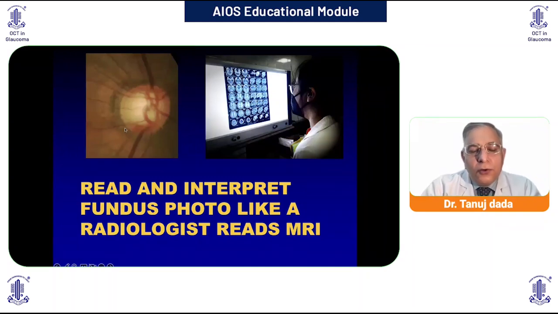You take hold of 2, 3 of your colleagues and then carefully run through each part of the optic nerve, the cup, the neuroretinal rim, and the adjacent peripapillary area and retinal nerve fiber layer defects. And you will be surprised at how many patients you will easily be able to diagnose glaucoma in by spending time on reading the fundus photograph, both color as well as red-free.